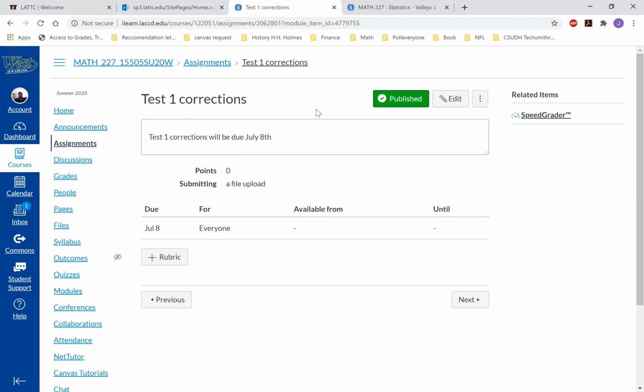Also, just know for the test correction, there's no partial credit. The way I'm going to look at it is either it's correct or it's incorrect. I'm not going to give any partial credit. So if you did everything correct but messed up on one little thing, oh well, you should have checked that part before you turned it in. I am going to grade them extremely harshly.